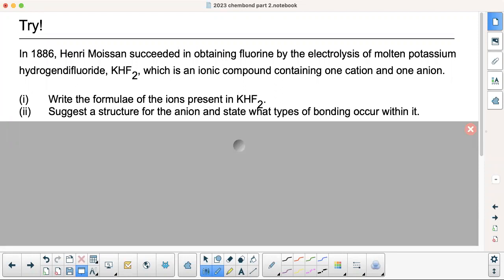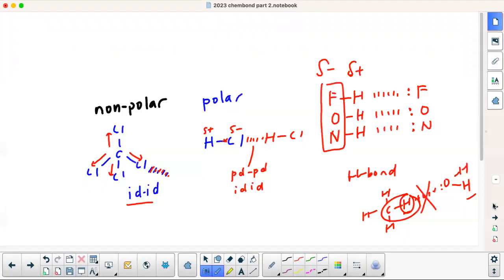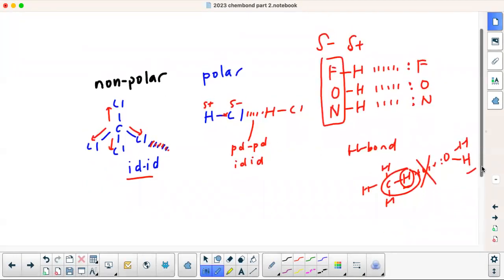Write the formula of the ions present in KHS2. So this is chem bonding part 2. We are doing this for those who just came in online.